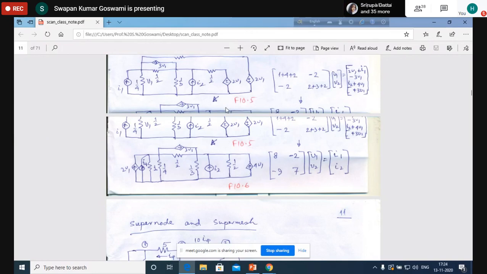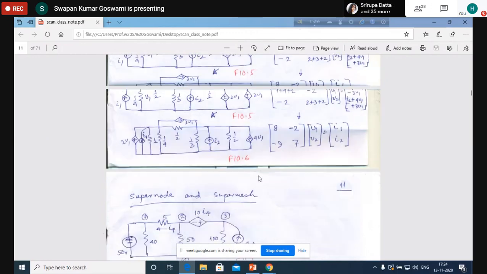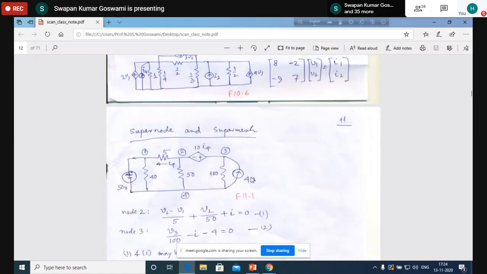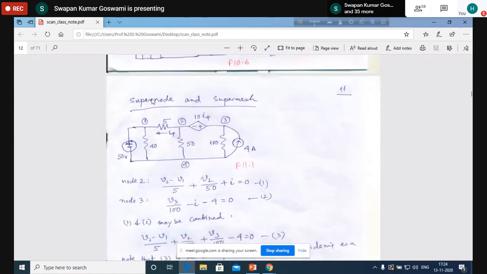Okay. Now let us move towards the next topic, which is a somewhat more complicated situation. Gradually, the level of complexity will be increased. Now consider the situation where we will be discussing the so-called supernode and super mesh. We know about node and we know about mesh.